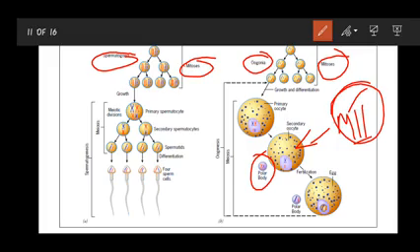As we said, an incomplete meiosis occurs in the case of oogenesis. A complete process of meiosis happens for every spermatogonial cell. Every spermatogonial cell which enters meiosis completes it and sperms are produced. So this is the main difference in meiosis between spermatogenesis and oogenesis.